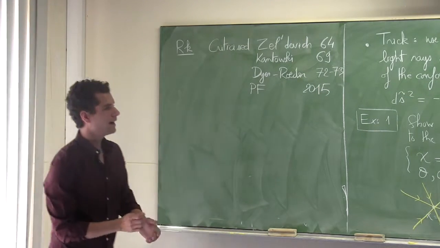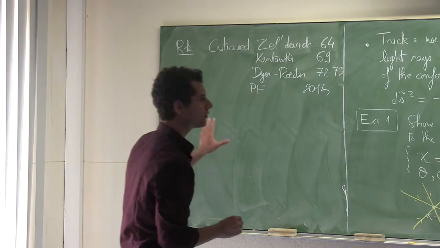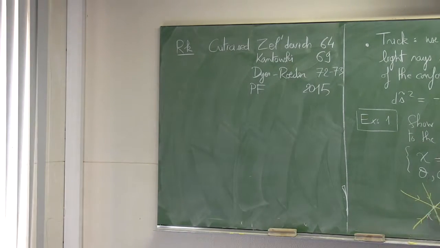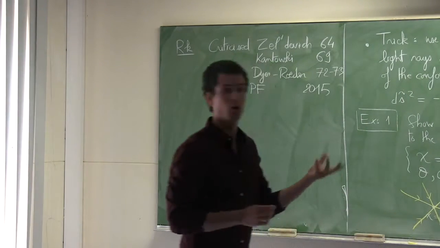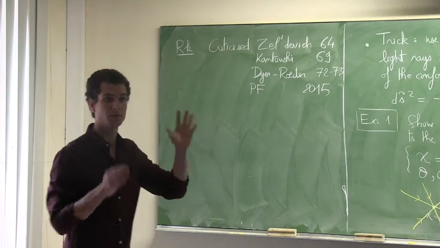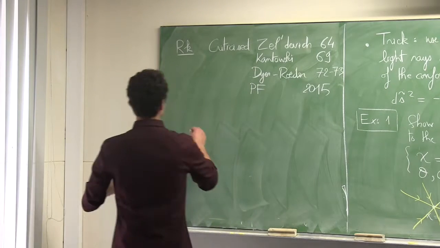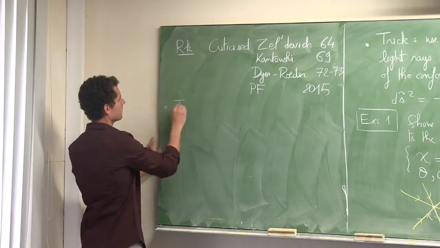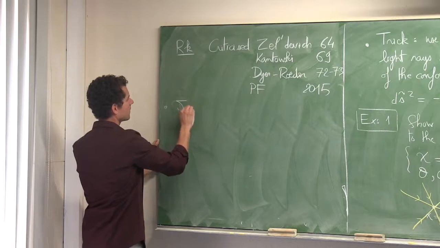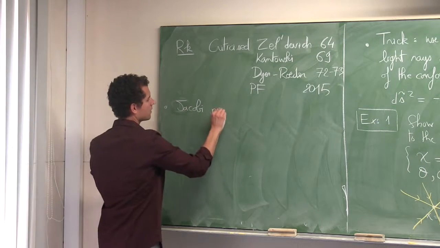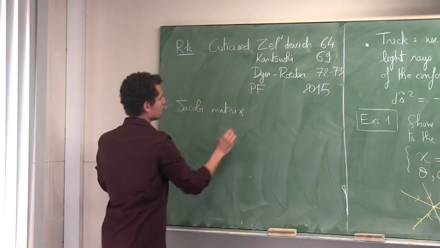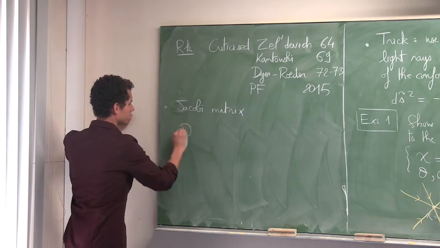Okay. All right. And just to finish on the homogeneous universe, I'm going to give the expression of the Jacobi matrix in this. So when you solve the Sachs equations and you get the Jacobi matrix, it is actually very simple.